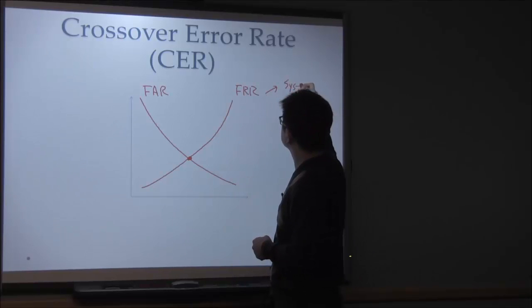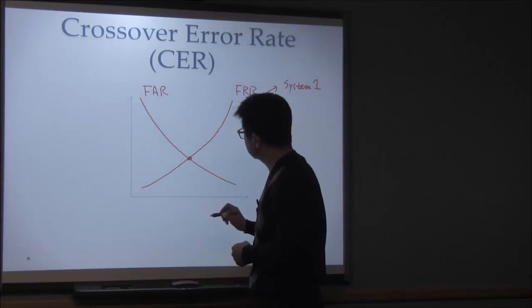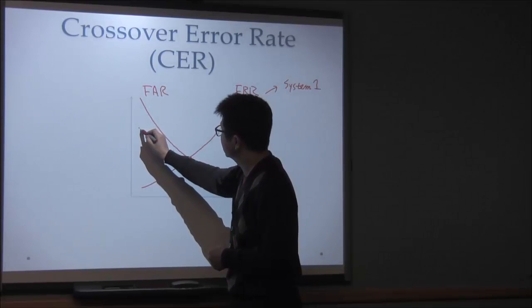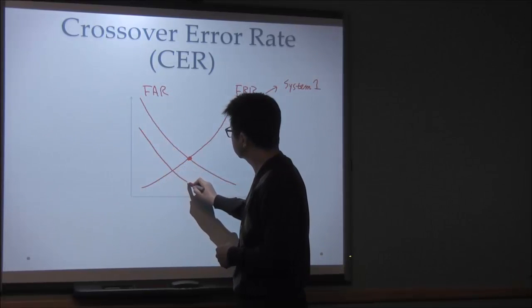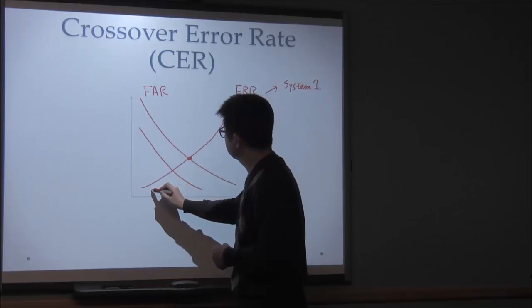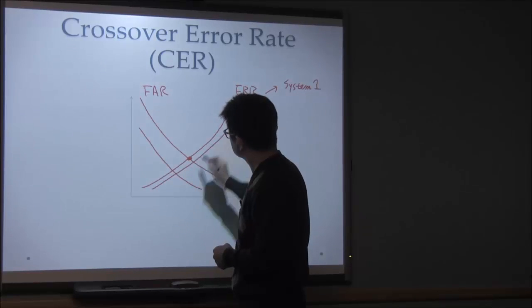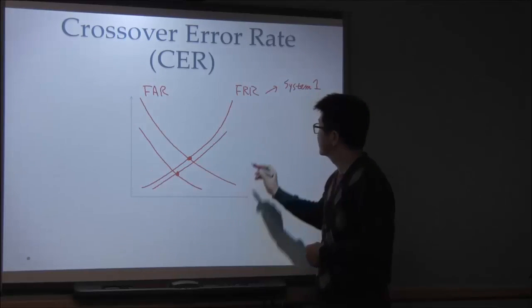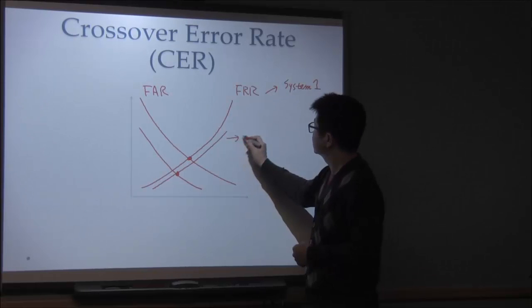And then let's say you have another system that has its own false acceptance rate graph and false rejection rate graph that looks like this, and they meet here. This is for system 2.